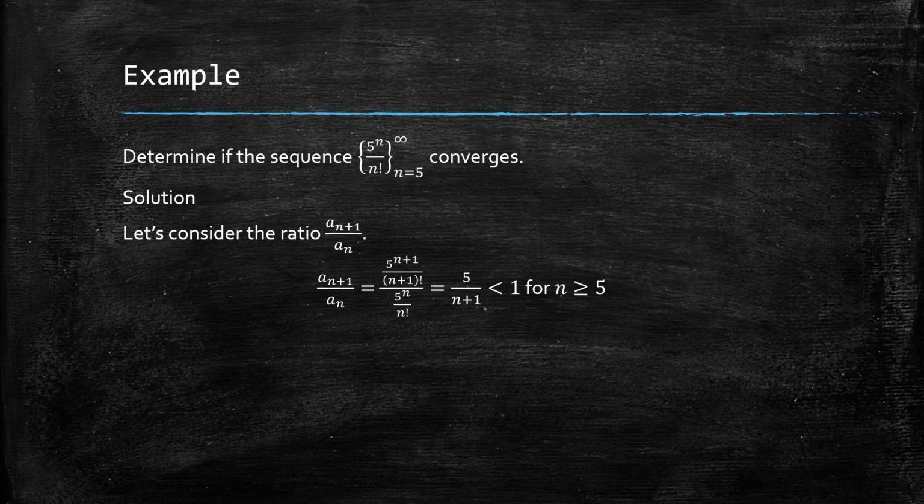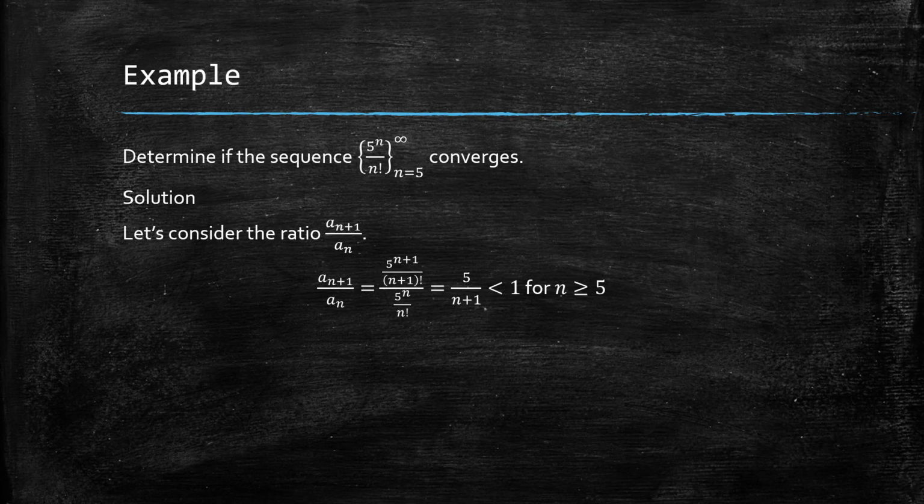So let's first consider the ratio a_{n+1} divided by a_n. a_{n+1} is 5^(n+1) over (n+1) factorial, and a_n is 5^n divided by n factorial.